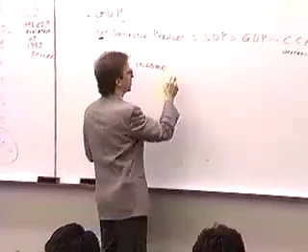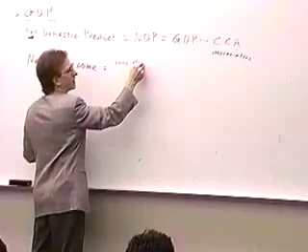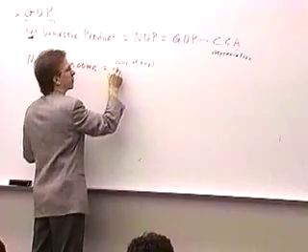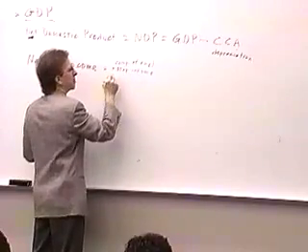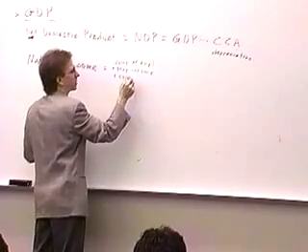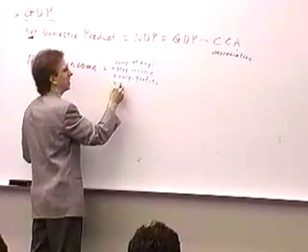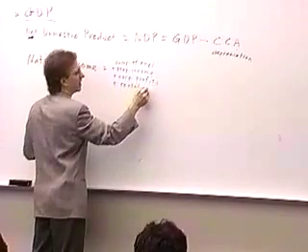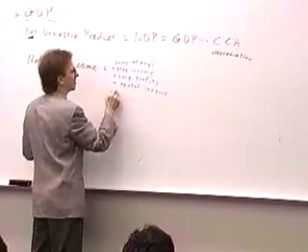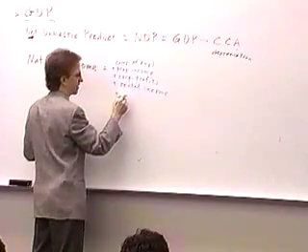This is equal to compensation of employees plus proprietor's income plus corporate income, or let's say corporate profits, plus rental income, plus, what was the last one? Interest, or net interest, wasn't it?